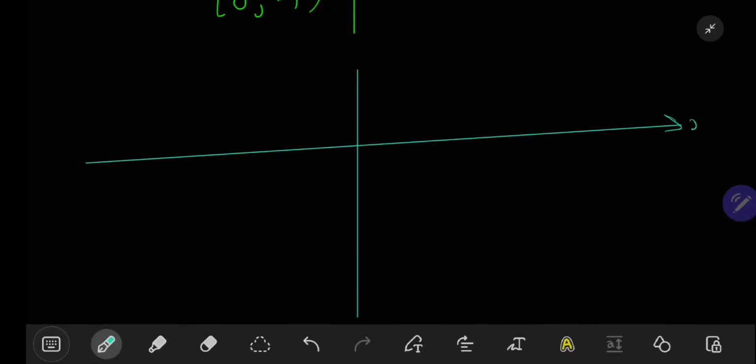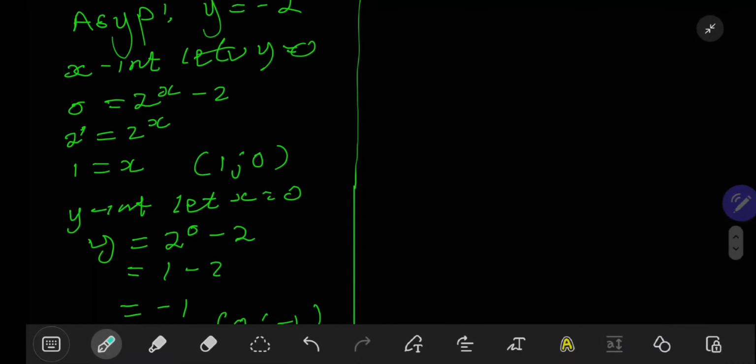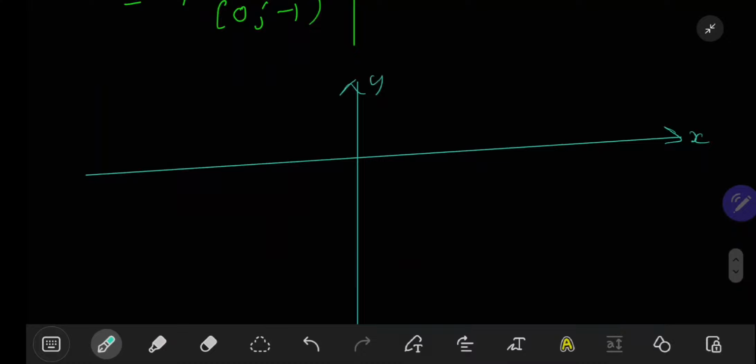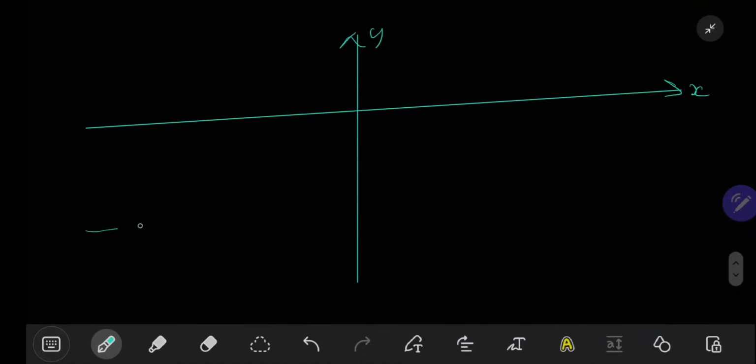This is our x, and this is our y-intercept. Our asymptote is at y equals negative 2, which is somewhere around here. My line is not straight. So this is the line y equals negative 2.